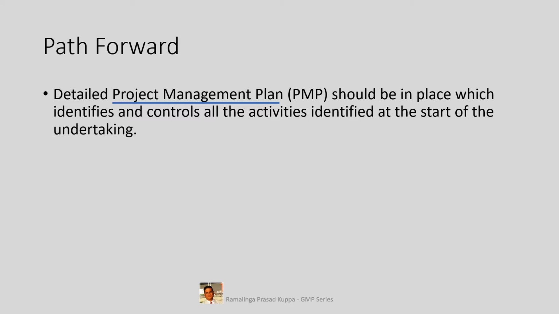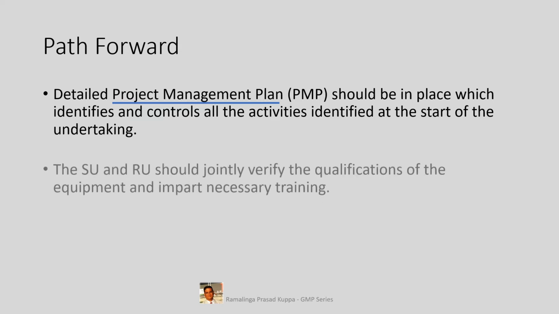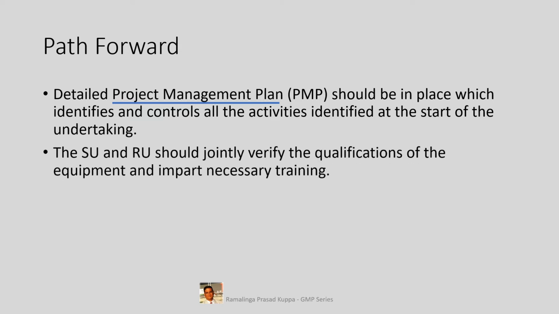As a separate part of the technology transfer file, all necessary validation documentation should be provided to the receiving unit. Detailed risk assessment reports also should be provided. The SU and RU should jointly verify the qualifications of the equipment and impart necessary training.